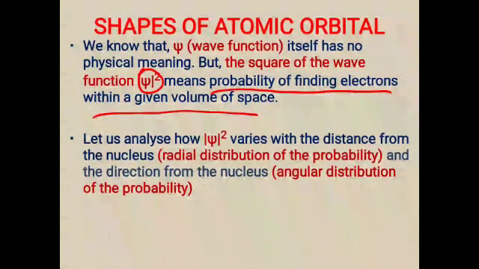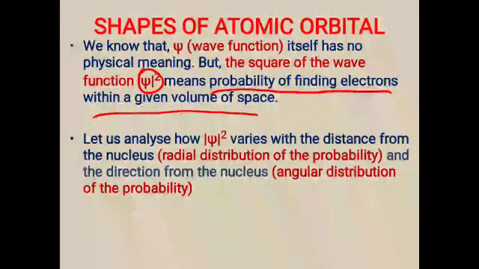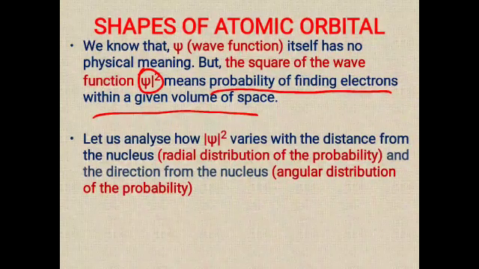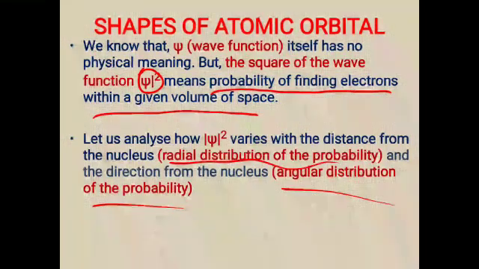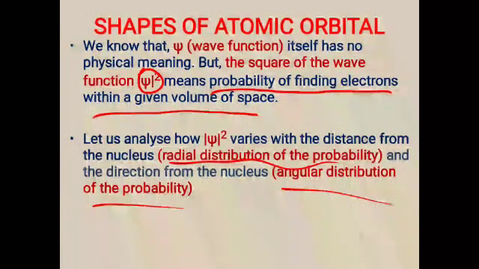Let us analyze how the psi square value varies with the distance from the nucleus and the direction from the nucleus, that is, angular distribution. With respect to radial distribution probability and angular distribution probability, how the psi square value is going to differ, that is what we are going to see in this topic, shapes of atomic orbitals. In the next video, we are going to see each and every orbital individually.